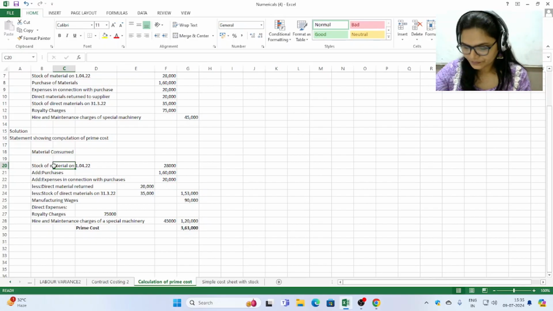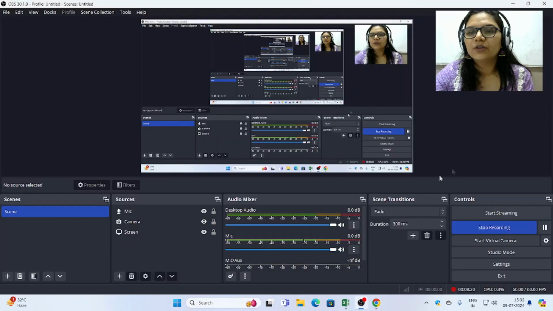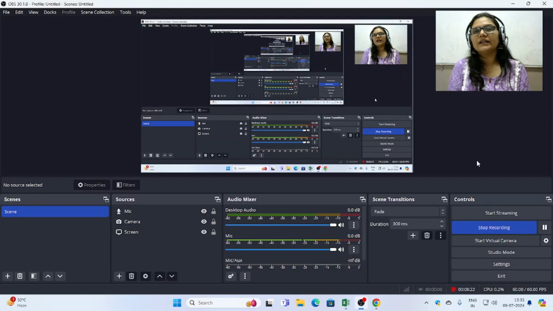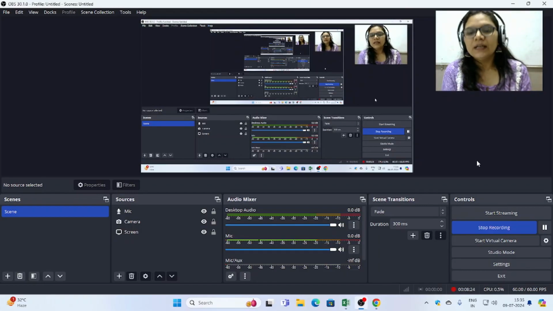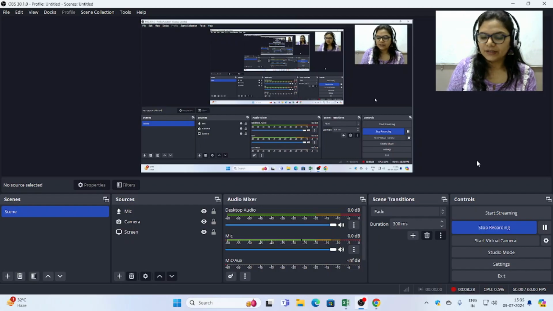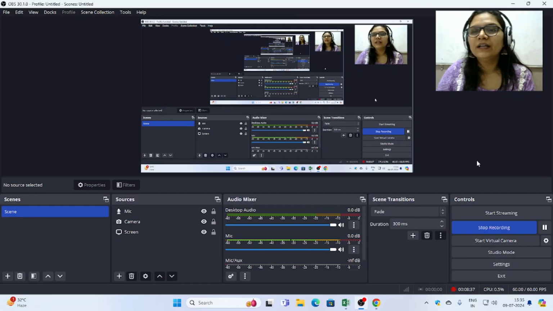Now, if we look at this question again, we have already talked in previous sessions about the calculation of prime cost, that in prime cost all sorts of direct expenses are recorded, and to understand the prime cost, we need to identify the direct expenses given in the particular question.